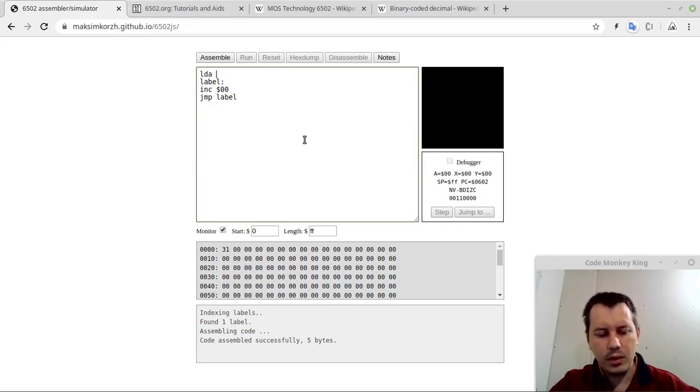So let's load A with, let's say, F0, and then store it to 00. Okay, assemble, and we have this F0, and I'm wondering what's going to happen after FF. And it wraps around. Okay, so it wraps around, and then we go again, and it doesn't even set any flags for some reason. Well, maybe it doesn't have to.